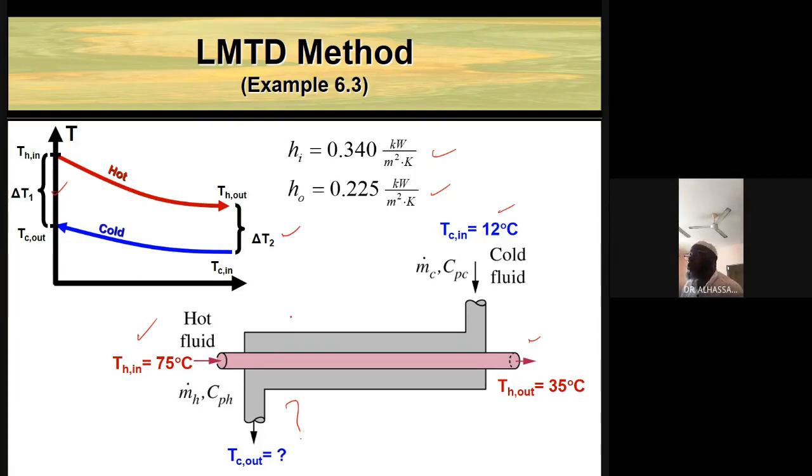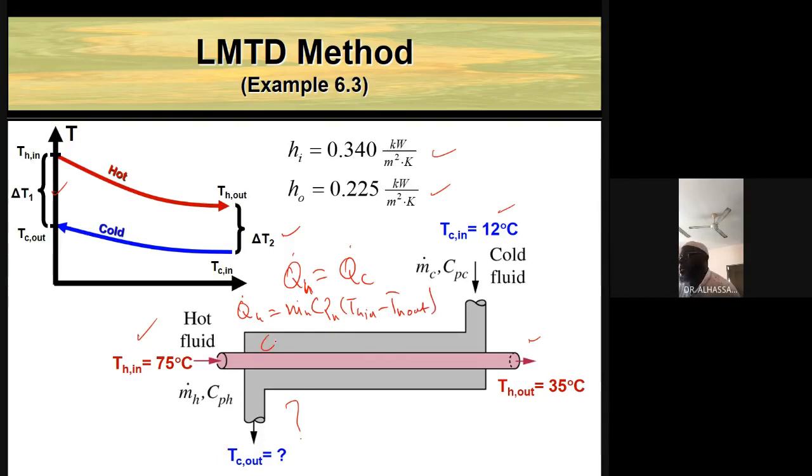We need to follow the energy balance. We say Q for the hot, that's the heat loss by the hot fluid, equals the heat gain by the cold fluid. You understand me? So Q for the hot equals mass flow rate for the hot times the Cp for the hot times the delta T, which is the temperature for the hot inlet minus the temperature for the hot outlet.